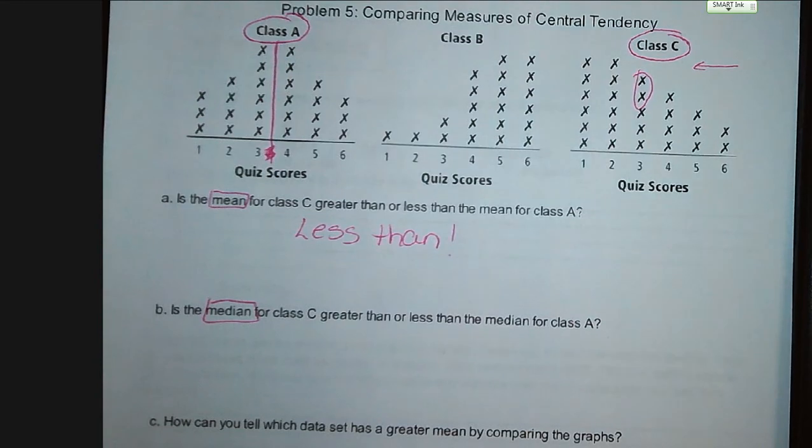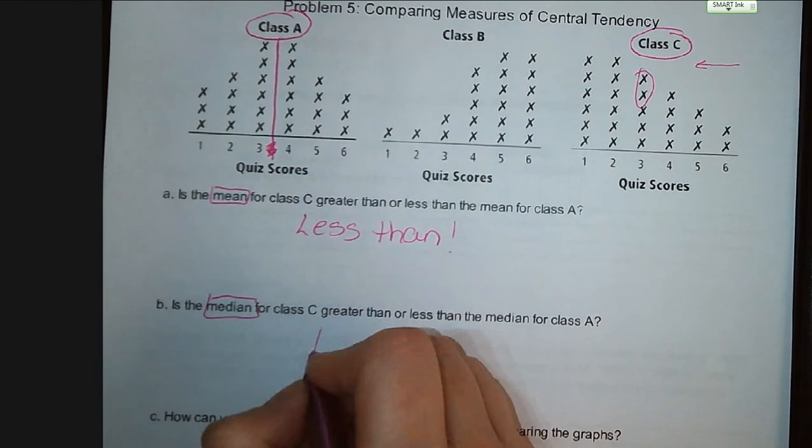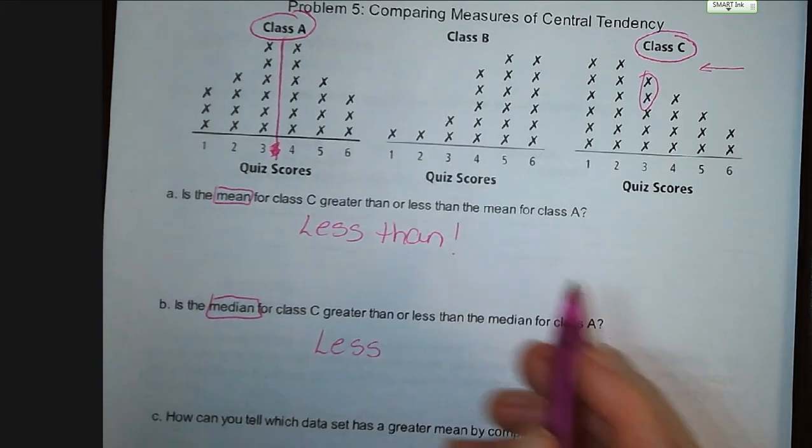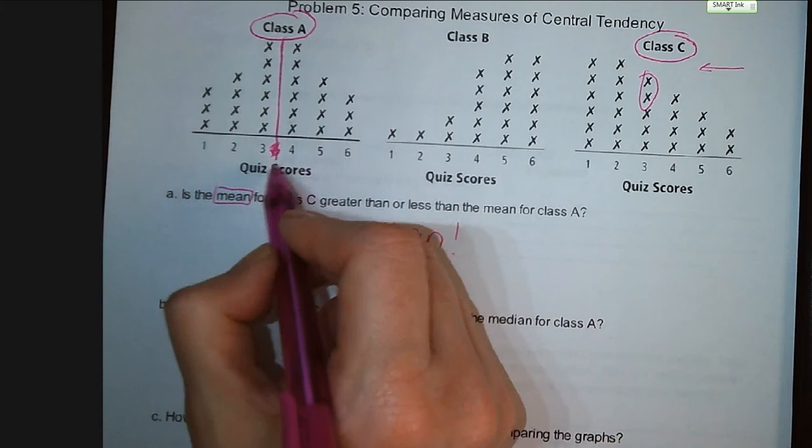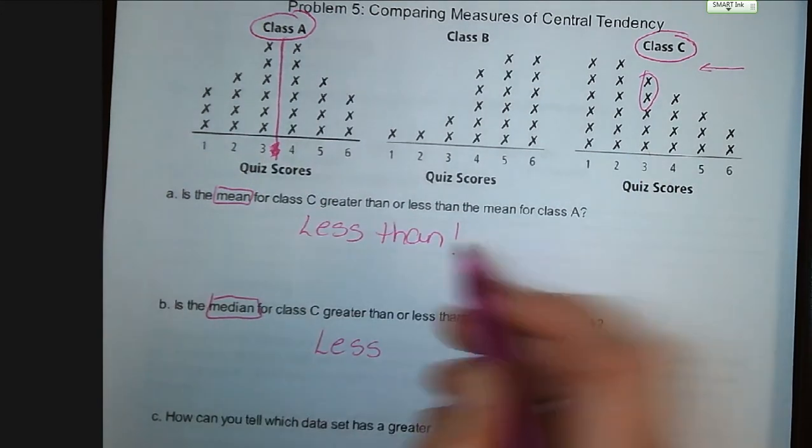So the median is going to be less than Class A. I looked at the wrong one. This looks like it's going to be somewhere around 3.5. This is definitely at 3.